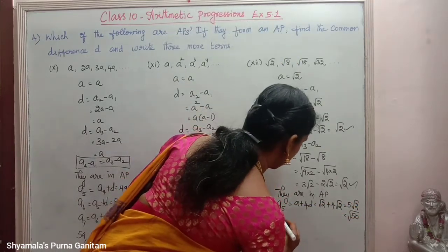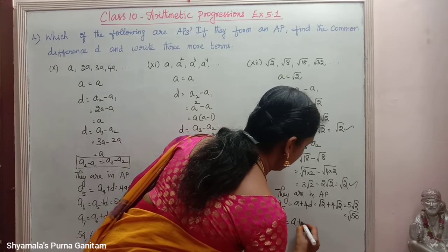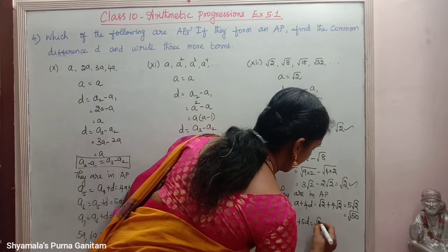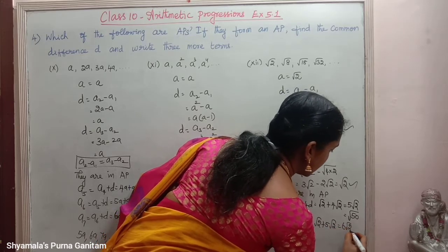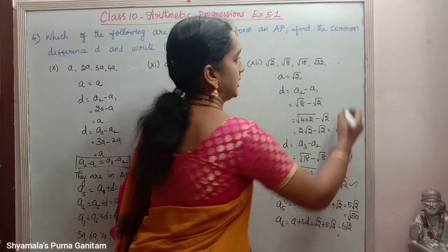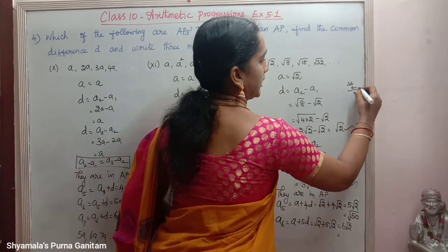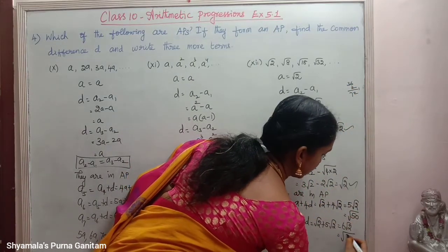Then the next one is a6. So a plus 5d, that is root 2 plus 5 root 2. So this is 6 root 2. 36 into 2 is 72, so root 72.